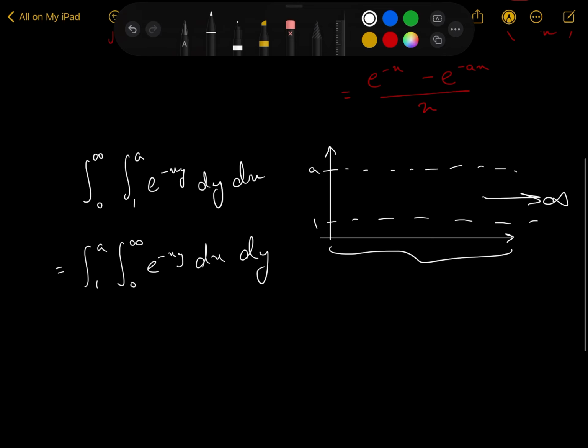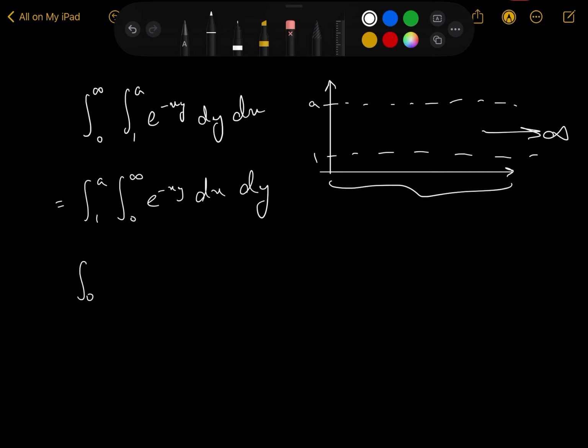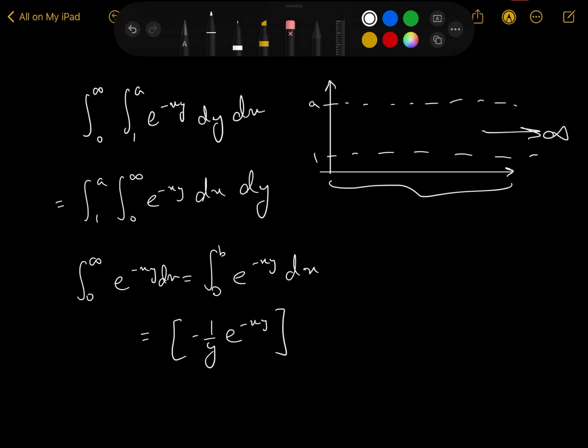And now that we have that, we can actually resolve it pretty simply, because we can go 0 to infinity of e to the minus xy dx, and if you know how to resolve this using limits, so we can just first write it as an integral from 0 to b of e to the minus xy dx, which is just going to be negative 1 over y e to the minus xy from b to 0.